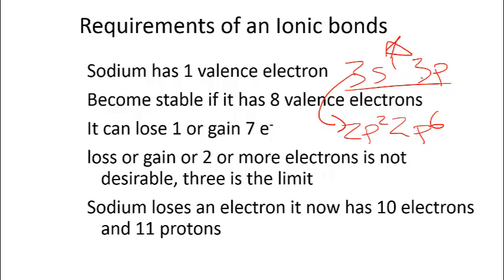When sodium loses an electron, it has 10 electrons and 11 protons because its atomic number Z is equal to 11. Therefore, our sodium ion has a charge of +1. Remember that ions with positive charges are called cations. So we would call this a sodium cation.